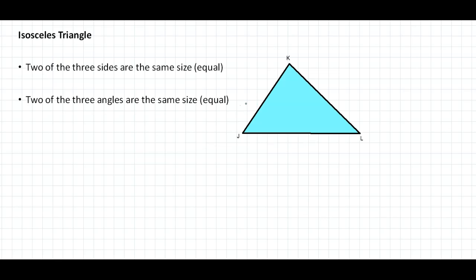What about an isosceles triangle? An isosceles triangle is one in which two of the three sides are the same size, and two of the three angles are the same size. So this is what it would look like. This indicates that two of these sides are equal and the third side is not.